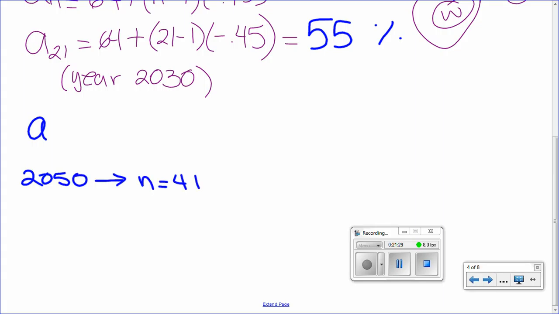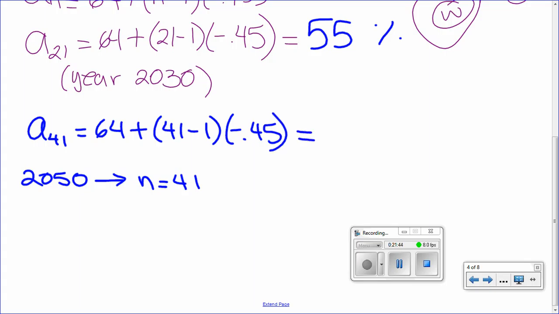So let's see if we want to find a sub 41. So that will be 64, not times, but plus 41 minus 1 times negative 0.45. You guys get 46? Yeah.